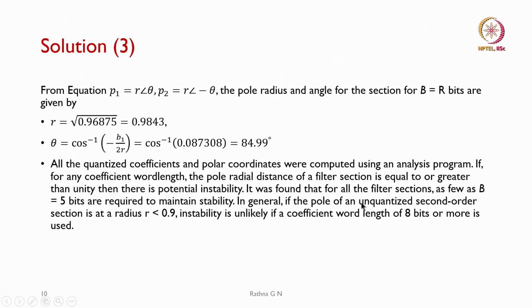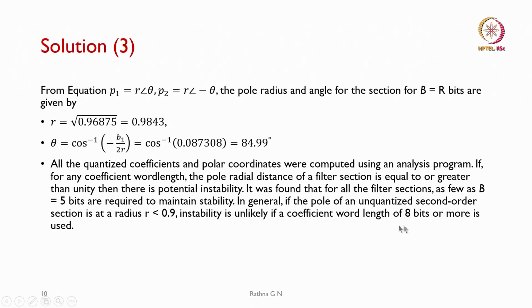So, in general, if the pole of an unquantized second order section is at radius r less than 0.9, then instability is unlikely. If it is greater than or equal to 0.9, you may say that the system may become unstable, then you have to take care of designing a proper stable filter.